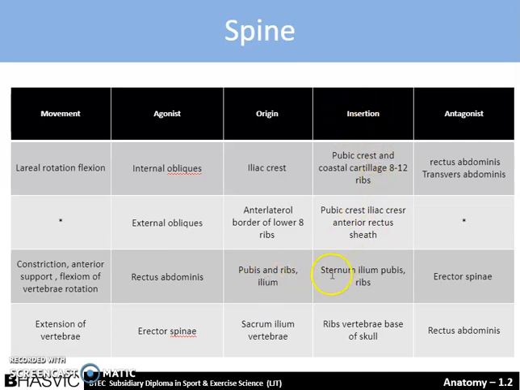The insertion points are the sternum, ilium, pubis, and the ribs, with the antagonist being the erector spinae. The erector spinae as the agonist now performs extension of the vertebrae. The origin is the sacrum, ilium, and vertebrae, the insertion is the ribs, vertebrae, and the base of the skull, and the antagonist is the rectus abdominis.